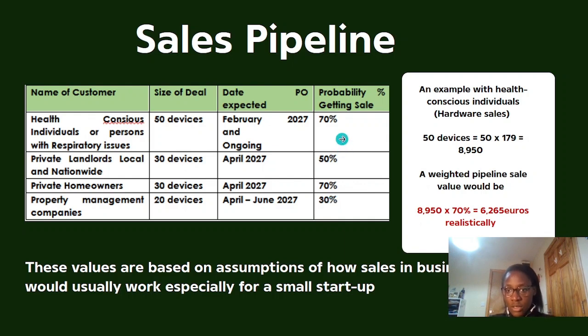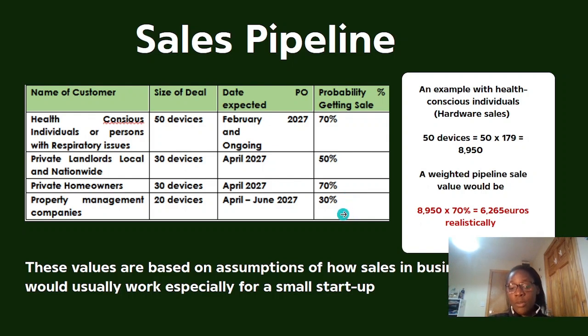With this probability of getting a sale, we have 70% for individuals with respiratory conditions who need this the most, and 50% for landlords who will also find this product very beneficial, as well as private homeowners, who have purchasing power and might find this product relevant.